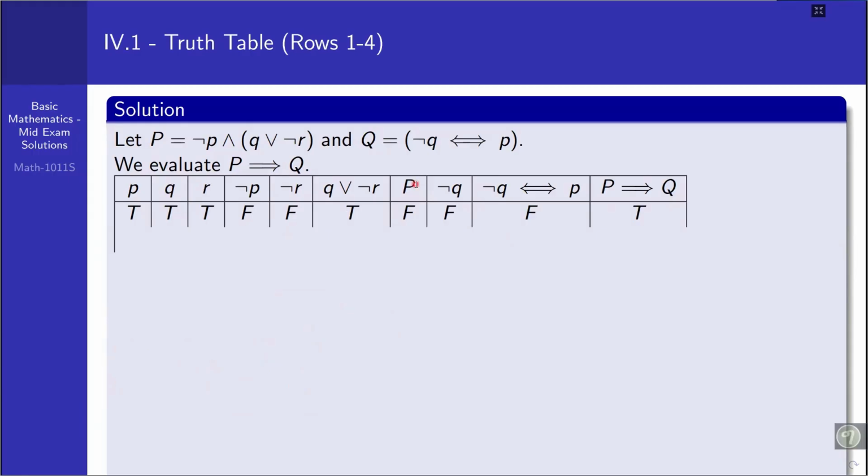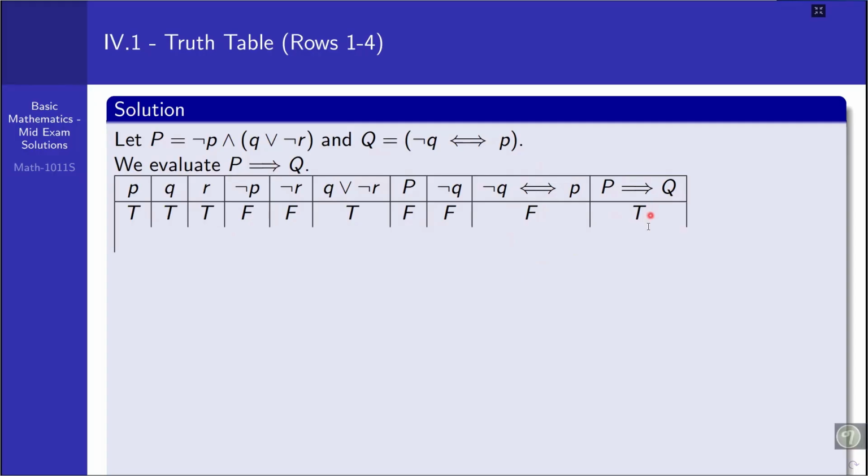We have P, the first one, negation of P or Q or negation of R, which is false and true, so that is simply false. Negation of Q is false, so negation of Q if and only if P is false because P is true here.